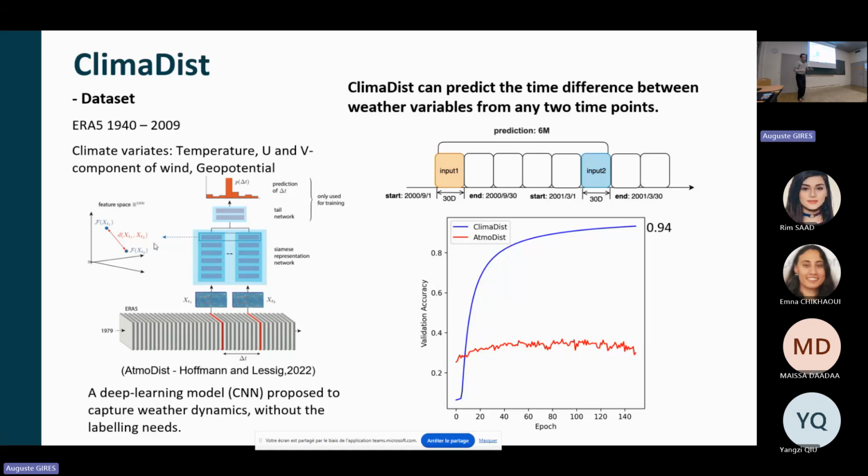So during this process it applies several convolutions to look at the climate variable features at different spatial scales, one from one time point and another from another time point. These two compare climate variables at different spatial scales and help us predict their time difference.